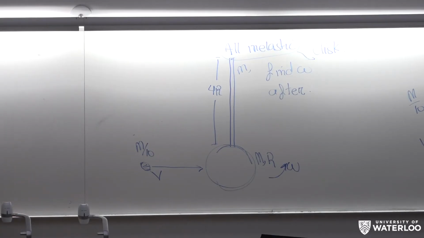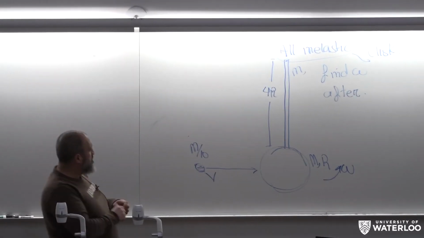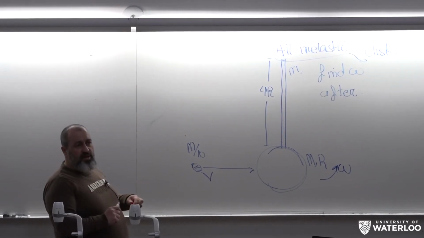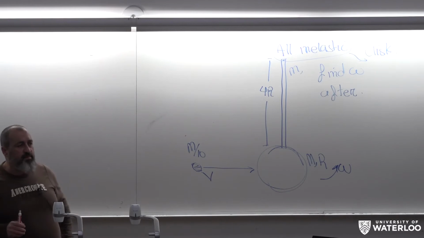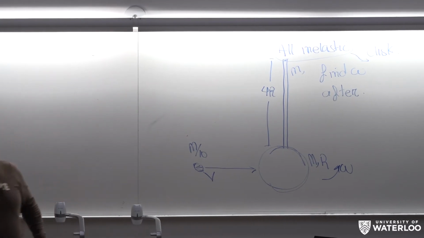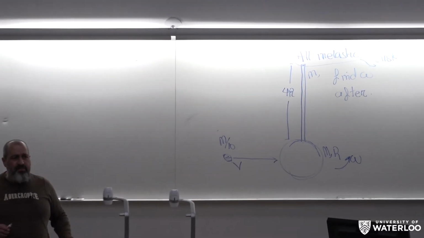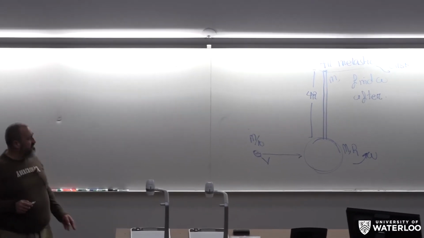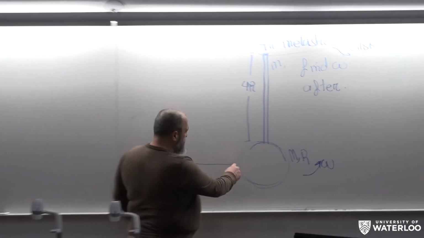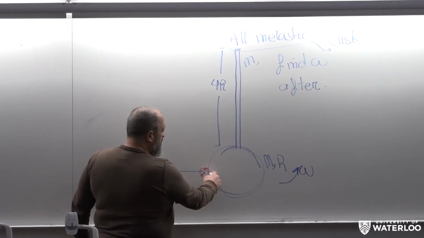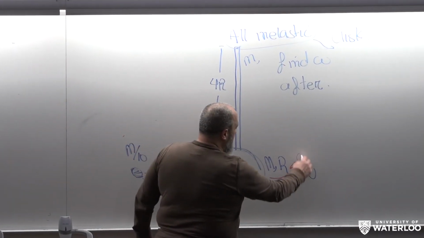All right, guys. So this is an angular momentum problem in that obviously, we have an object with this thing sticking to it, moving this way at omega.